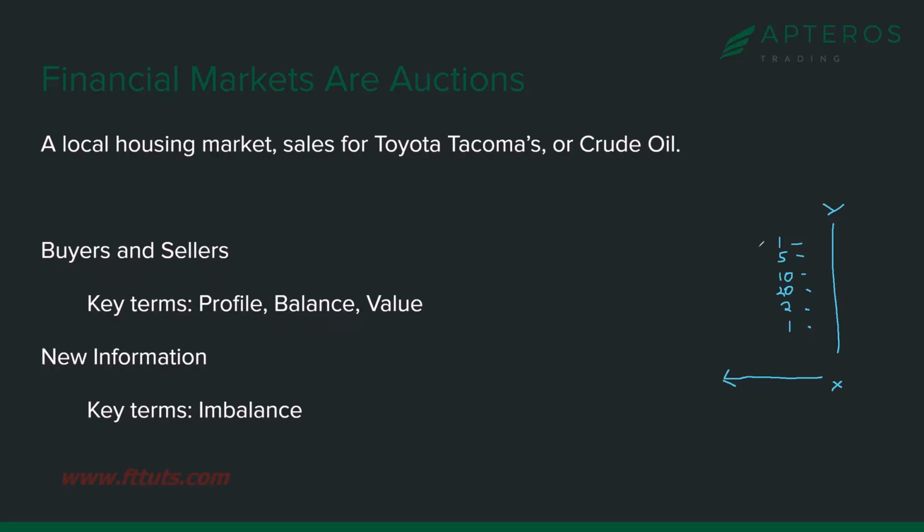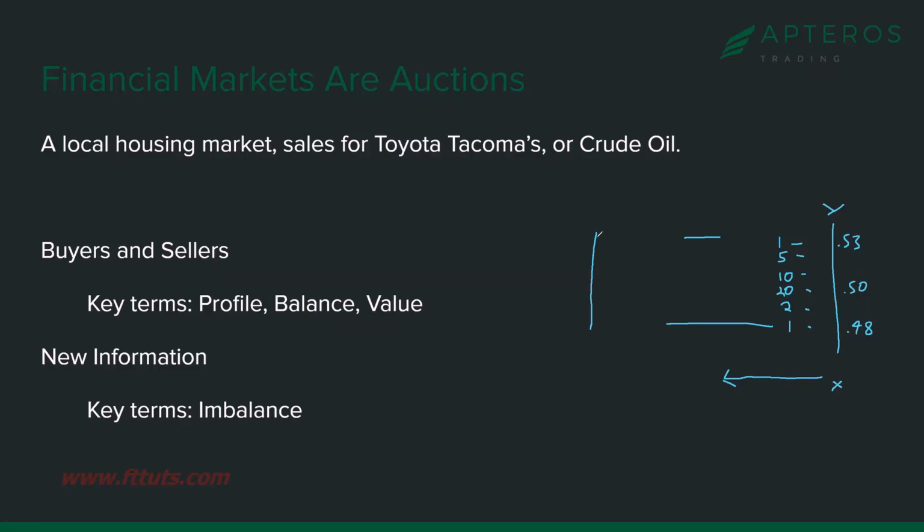Well, we know the prices that were traded, so we know it's going to go from here to here, right? Let's say this is 50 cents. So we traded from 50, 51, 52, up to 53 cents, 50, 49, 48, right? So we traded for a range from 48 cents to 53. So we're going to have that same range on our profile. And then the x-axis, as we said, is going to be how much was traded at each of those prices.